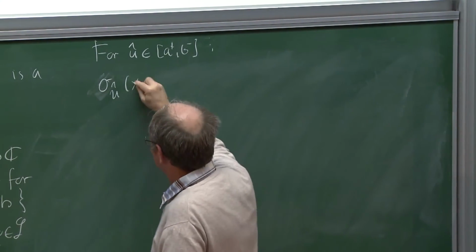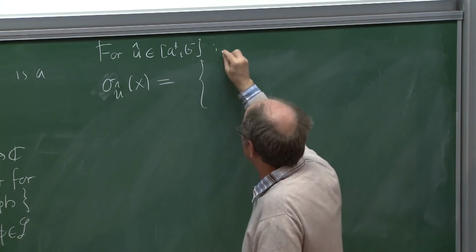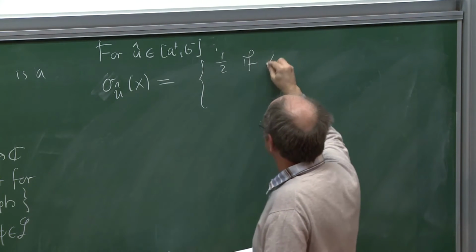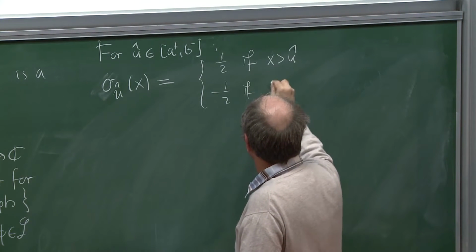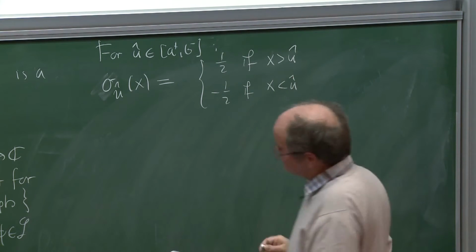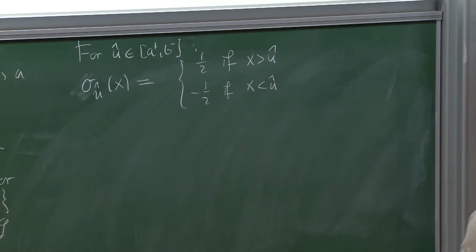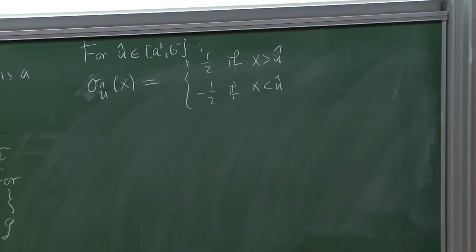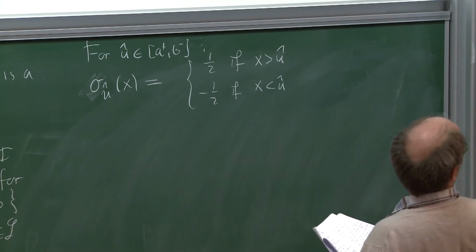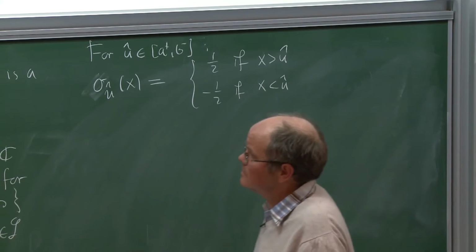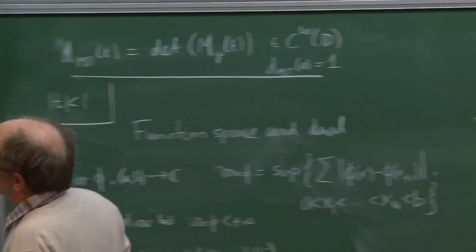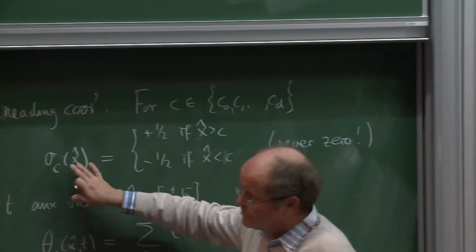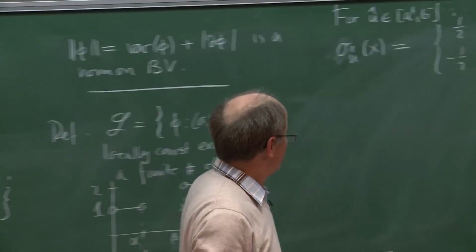I will define a jump function sigma u hat which is 1/2 if x is bigger than u hat, and minus 1/2 if x is smaller than u hat. Now, if you look at this function, you realize that it's very close to the one I had somewhere else, except that you have, in fact, inverted the roles of the base point and the directed point.